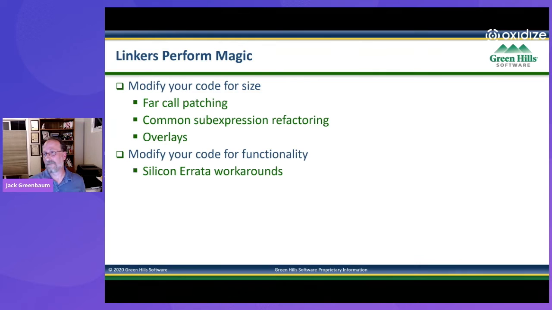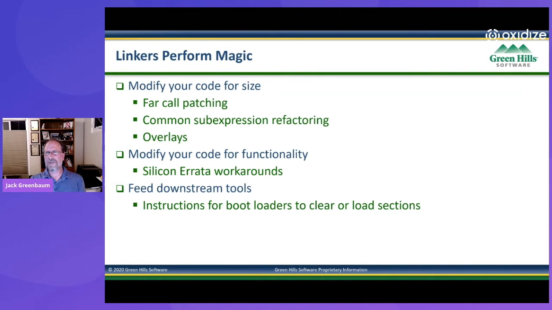Now, they'll also modify your code for functionality. And this typically happens with silicon errata workarounds, where you throw a magic flag and all of a sudden a no-op is inserted in between two instructions where it hadn't been when it came out of the compiler. This is a real safe way to patch errata that are exercised by certain instruction sequences, because it doesn't matter where the binary came from as long as it's linked by this linker.